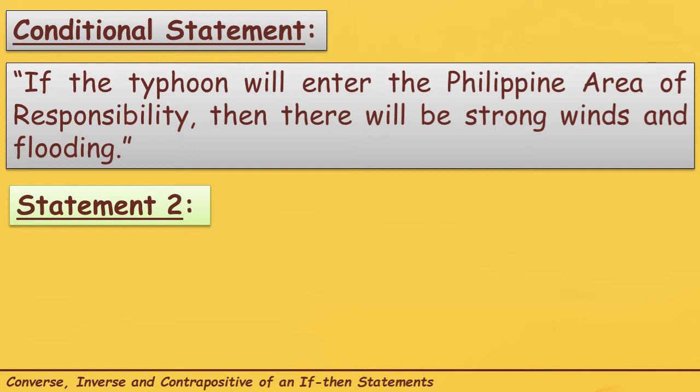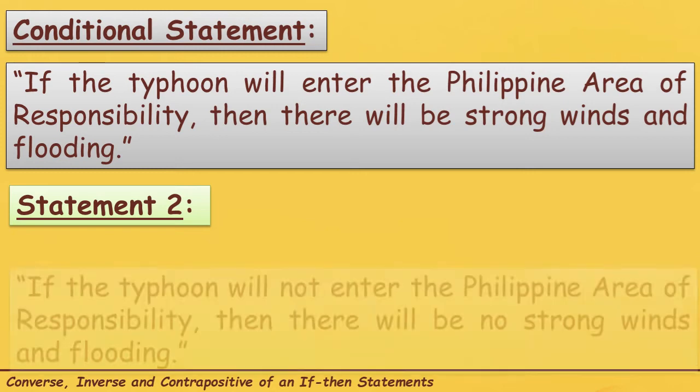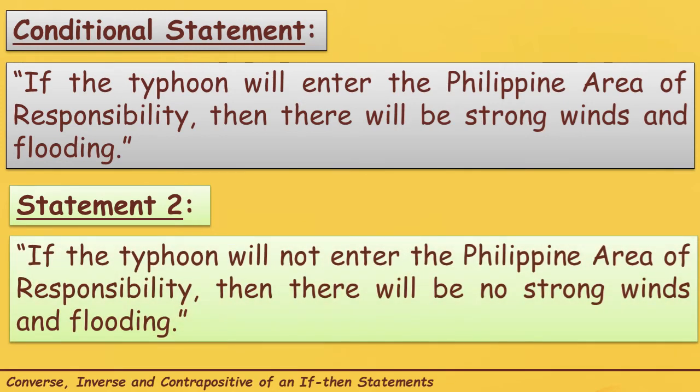Sa statement number 1, nakuha natin yung ating converse of conditional statement. So let us find out another based on our statement number 2. If the typhoon will not enter the Philippine area of responsibility, then there will be no strong winds and flooding.